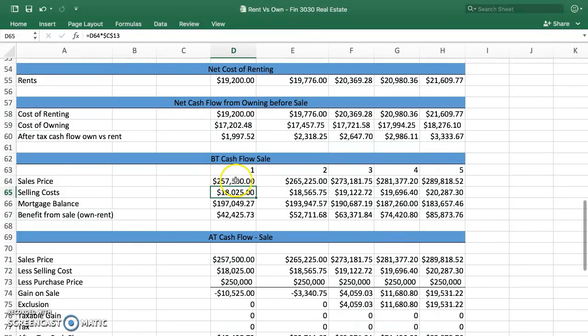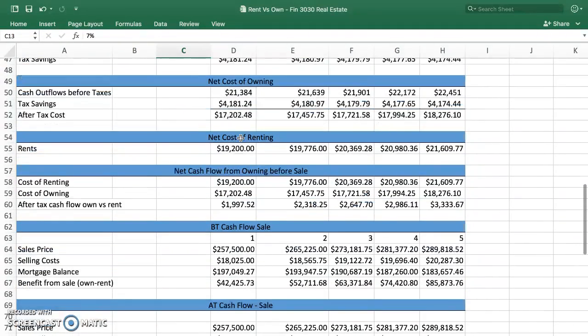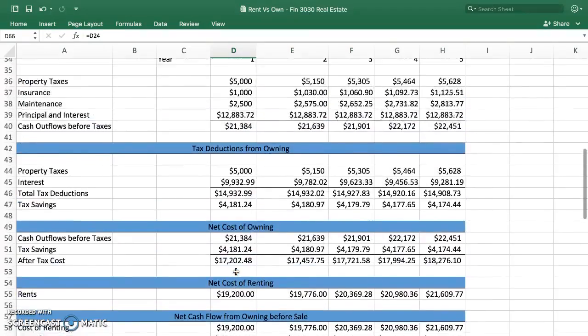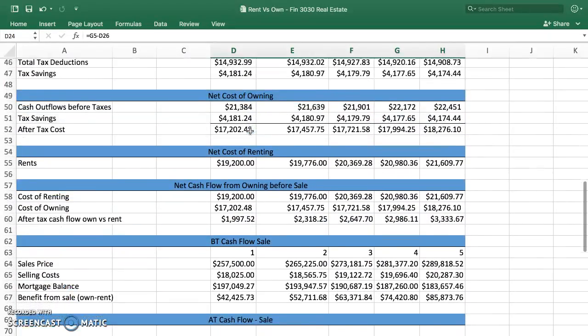So we're going to take this number and multiply that by the selling expenses of 7%. And again, we're going to drag that out across all 5 years here. The mortgage balance, this is a number we already have earlier as well. This is the balance that we have in the summary loan schedule. So we're going to bring those down.